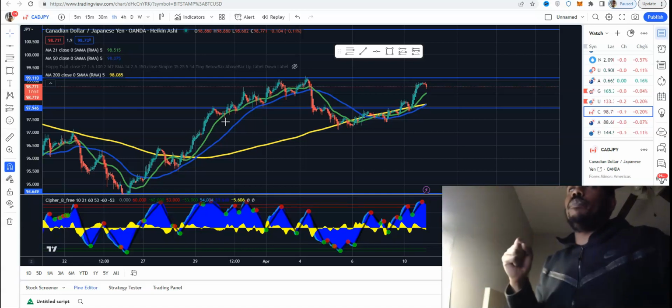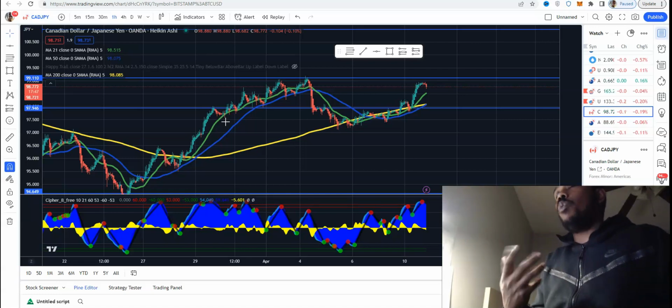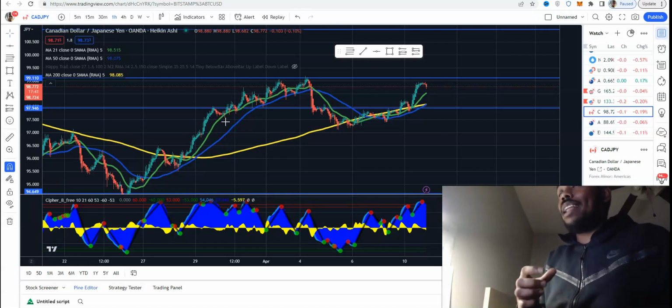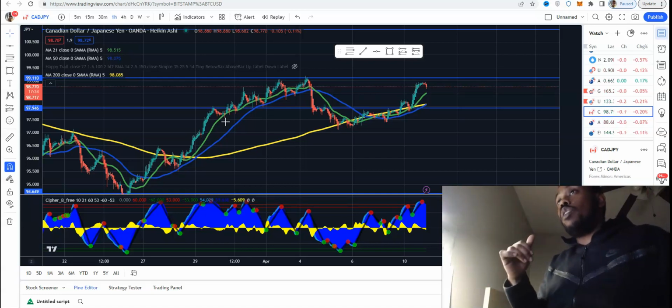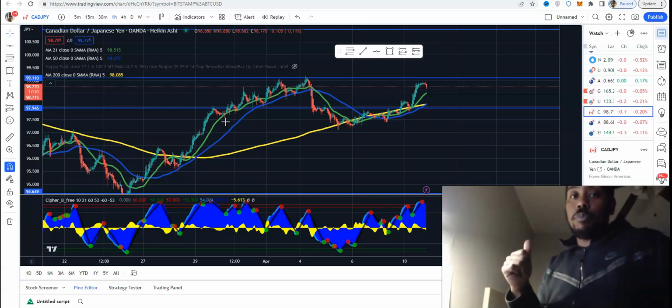And typically, for me to look at the market and say, hey, I'm interested in taking a long on whatever time frame I'm looking at, the main thing I want to see is price above the 200 moving average, and also the 21 and the 50 above the 200 moving average.